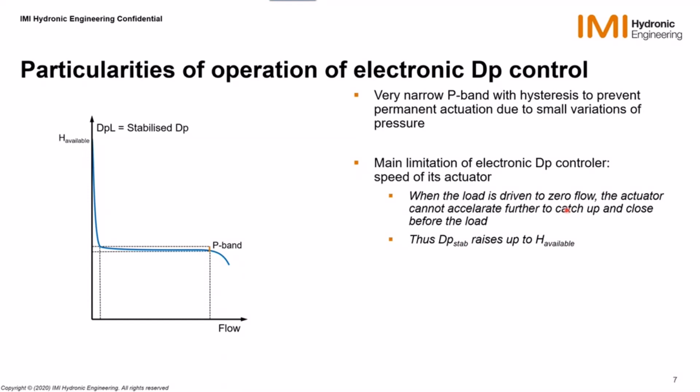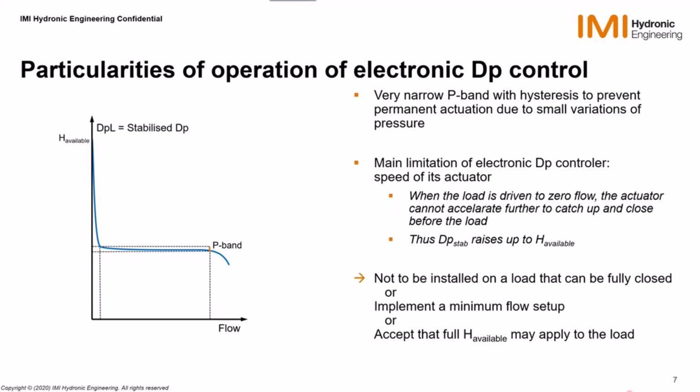Meaning that most of the time, unless the load is really closing relatively slow, the load will be the first to close. And if the load is the first to close, then the full available differential pressure goes on the load. So there is no way that the delta P can be kept at an acceptable level here. So that's a limitation that has to be known.